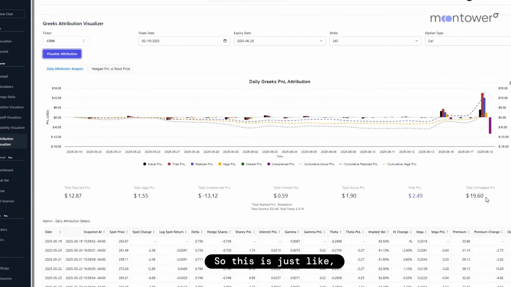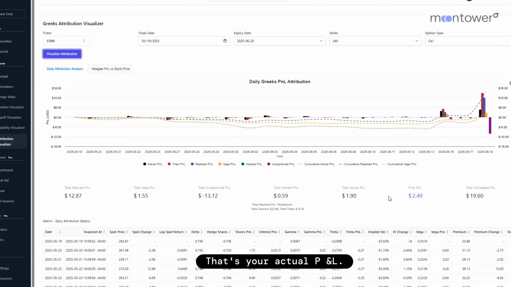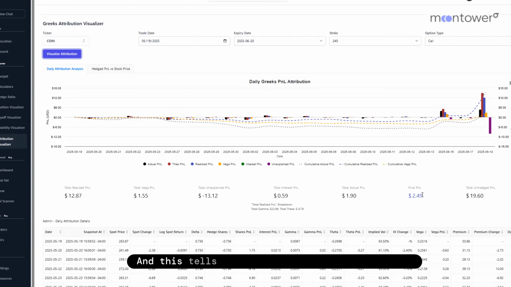So this is just simple: what's my P&L? But your delta hedged P&L is the final P&L. That's the thing you really want to look at. That's your actual P&L. The rest of this stuff is really about attribution, but your actual P&L is what you care about. And this tells you that I picked a good vol trade. So that's kind of a useful tool.